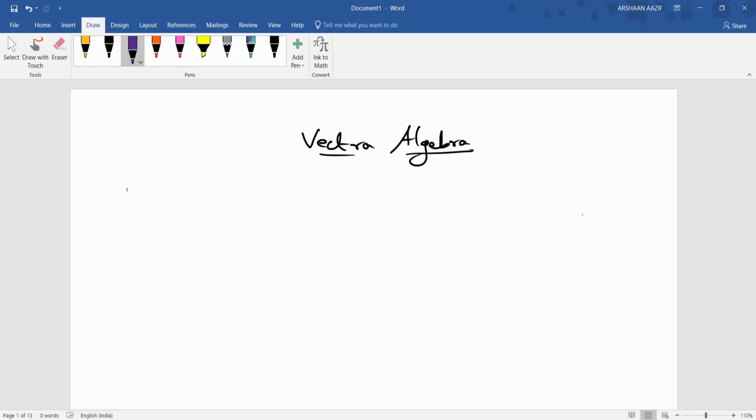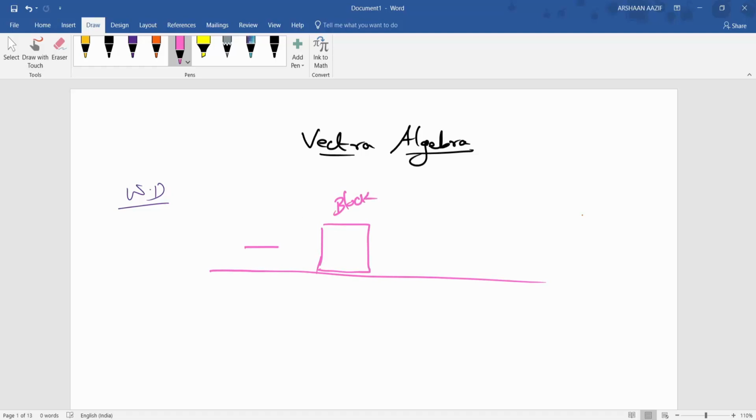Let me take an example of work done, which you would have learned during your basic physics classes. There is a block which lies on a horizontal floor, which experiences a force of 10 Newton along the horizontal direction. That is, this is acting along the positive x direction.